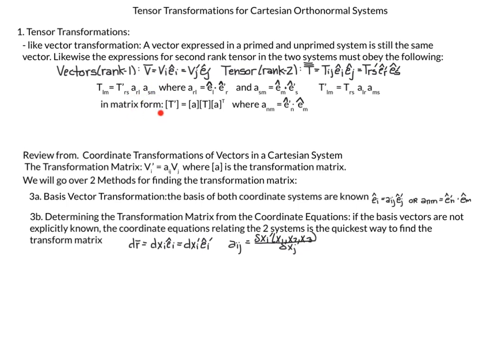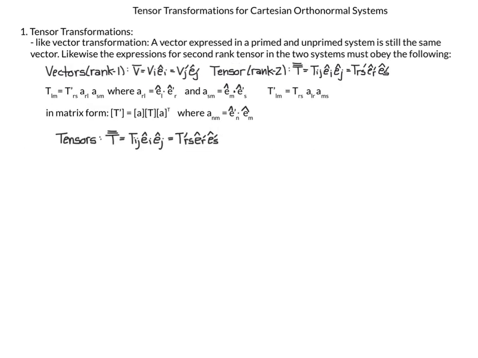So in matrix form, this is going to look like our tensor in the primed bases is equal to A times the tensor in the unprimed bases times the matrix A transpose, where we can use the exact same form for A as we had for our vector, which is good because really vectors of rank 1 should be a special case of higher-order tensors.